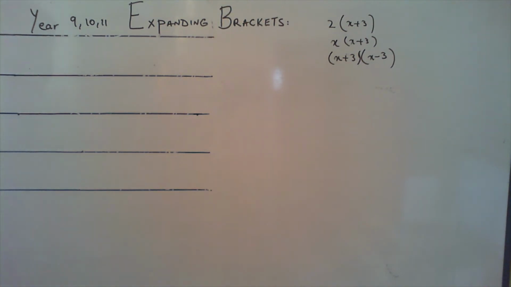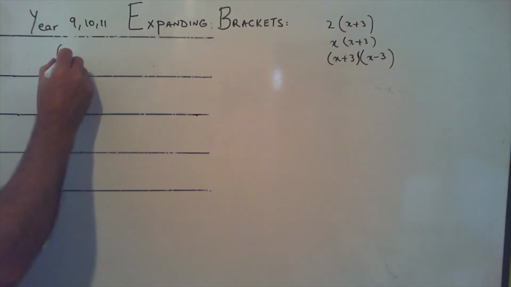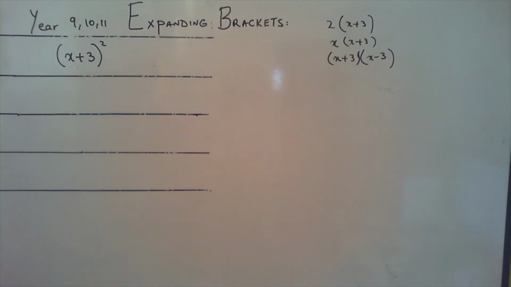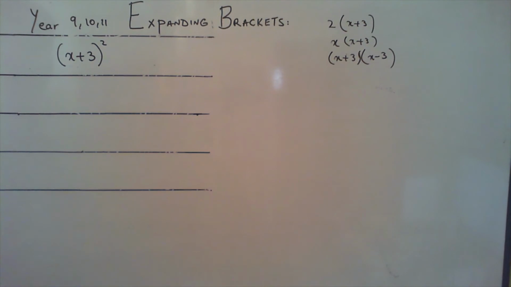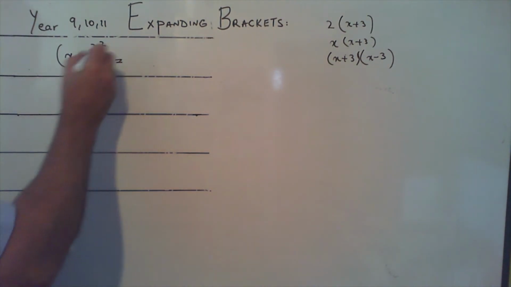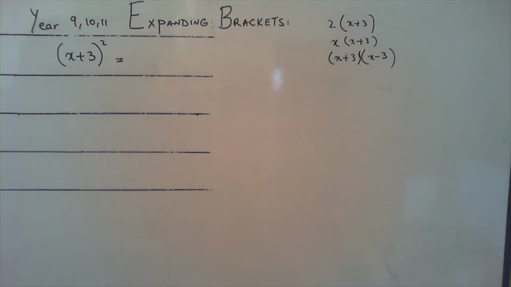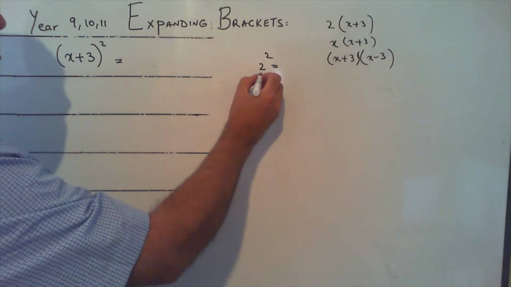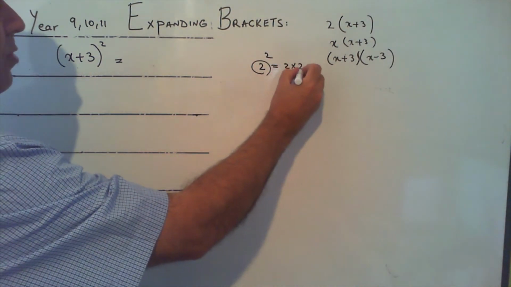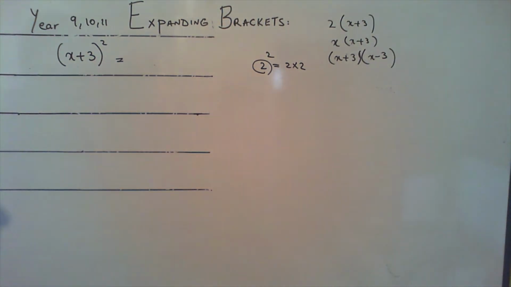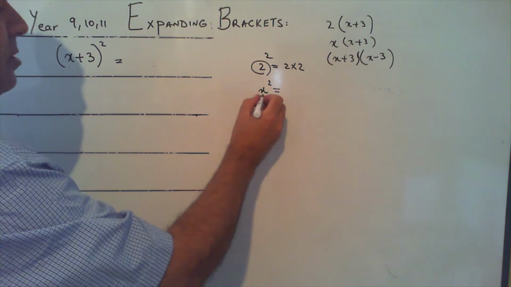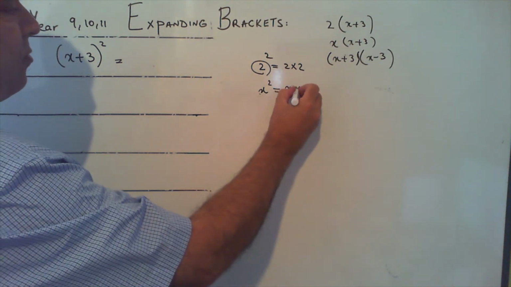This type of question is how to do a squared bracket. Okay, so if you have a bracket, x plus 3 squared, of course we got to be at year 9. You should know what the square number means. If I have 2 squared, that means the base multiplied by itself, whatever the base is. If I have x squared, that means the base, which is x, times itself.